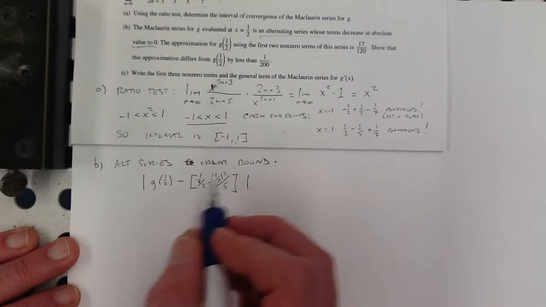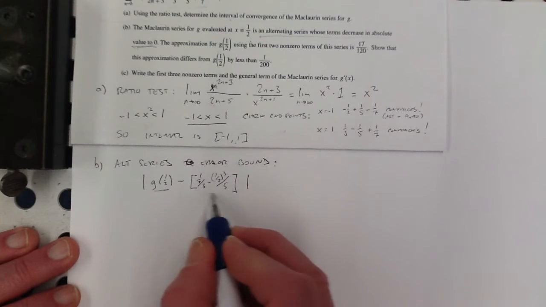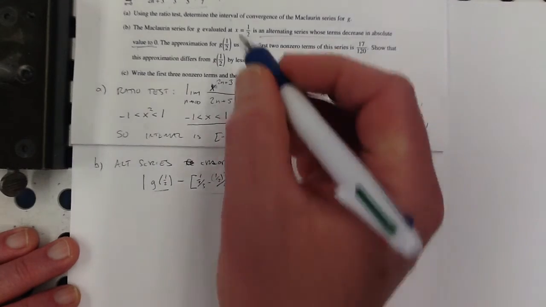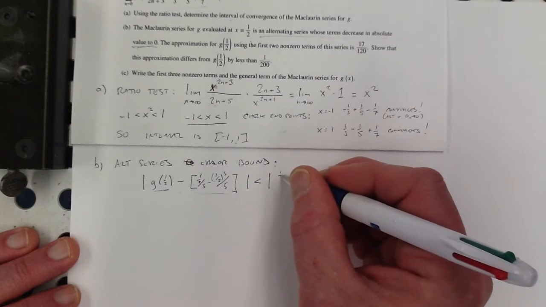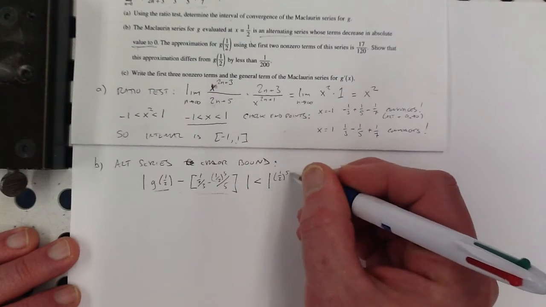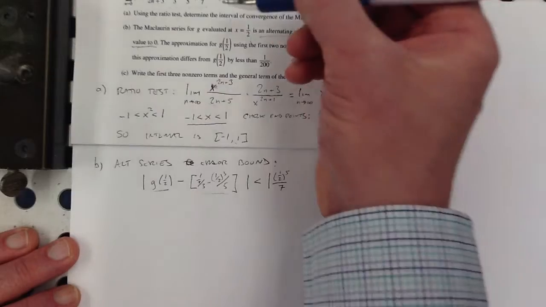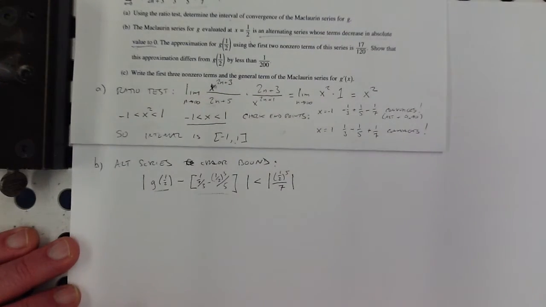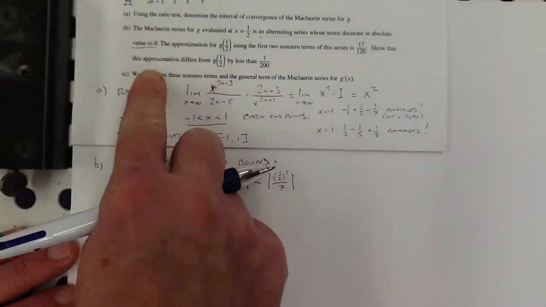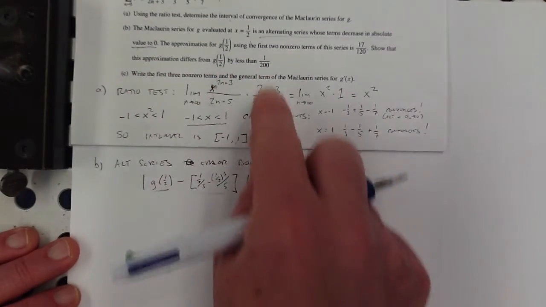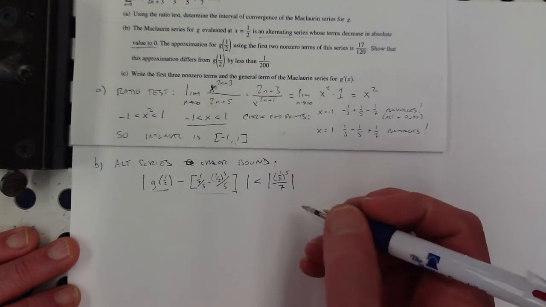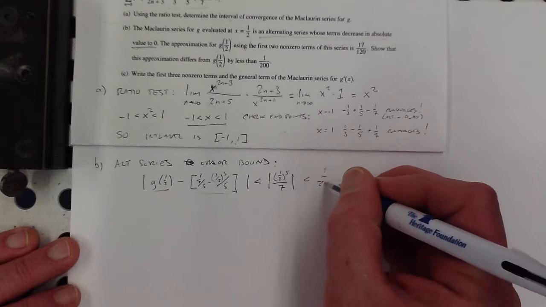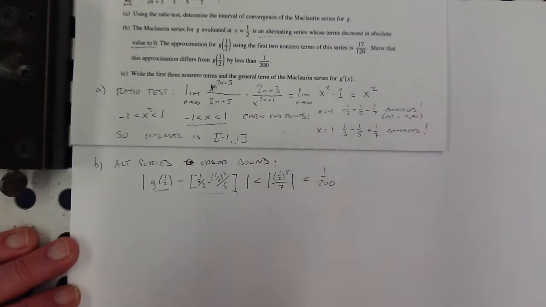So alternating series error bound says the difference between the actual thing and the approximation is not more than the absolute value of the next term. Which is this. Right? And we want to show that it's less than 1/200. So you could actually do this, and that's correct because you don't have to simplify things.